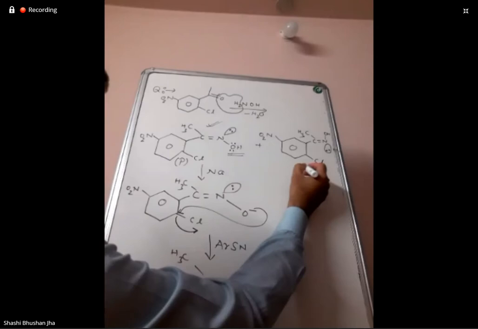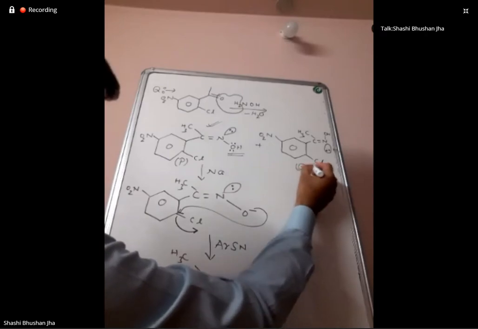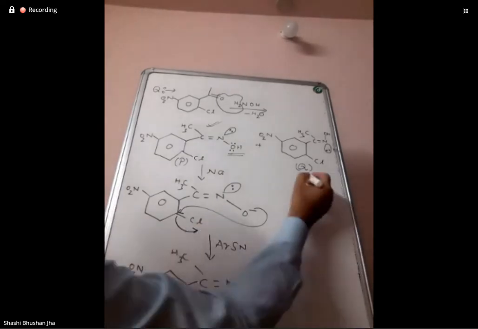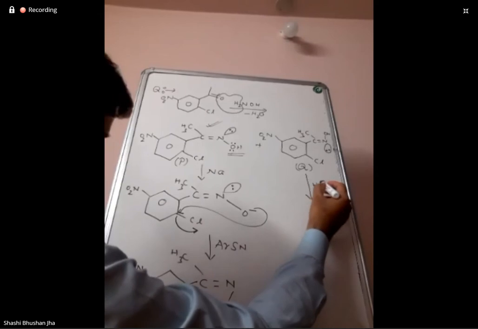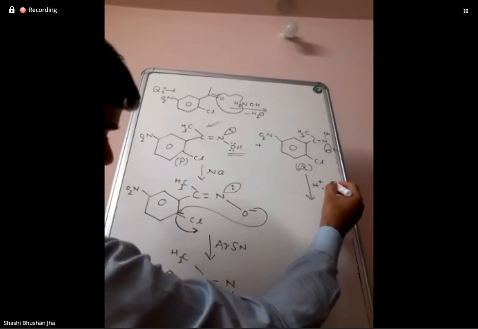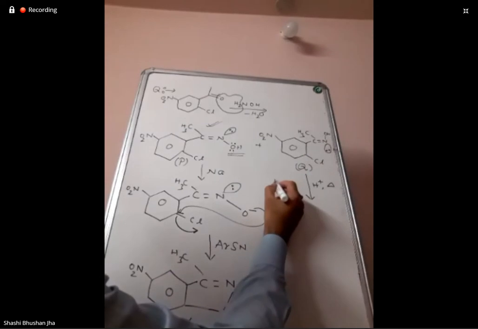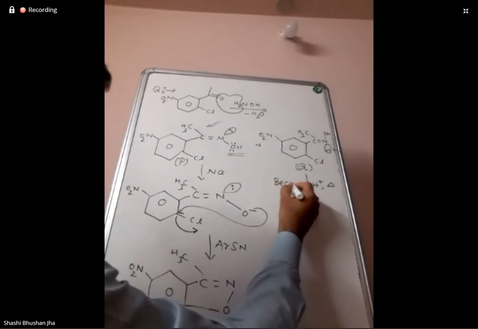Now, this product is Q, which does not give a cyclic product. Now, in the question, this Q has been reacted with acid. So this is oxygen. If it is reacted with acid, then Beckmann's rearrangement will take place.